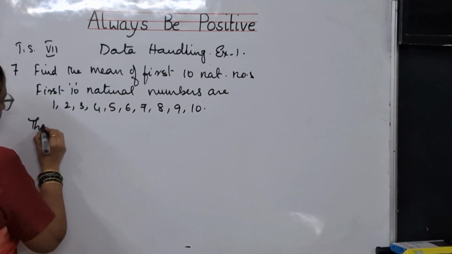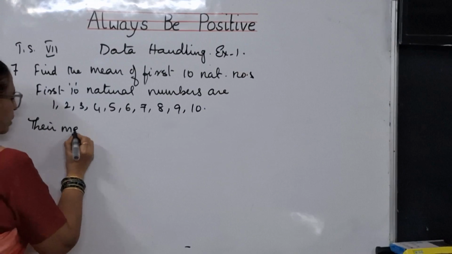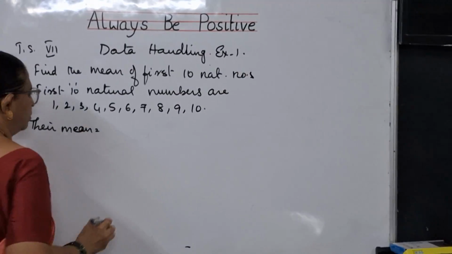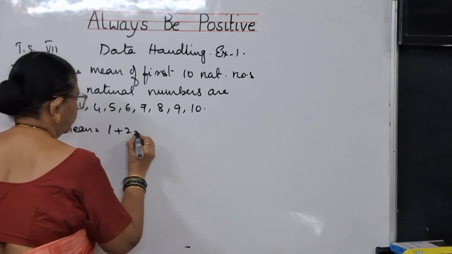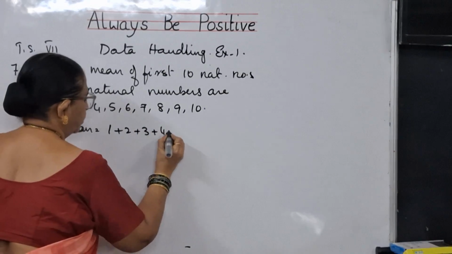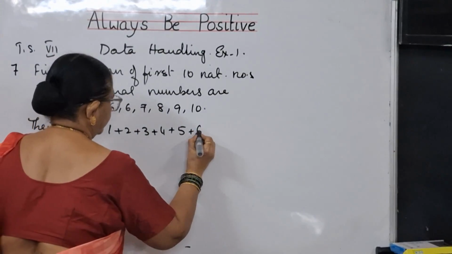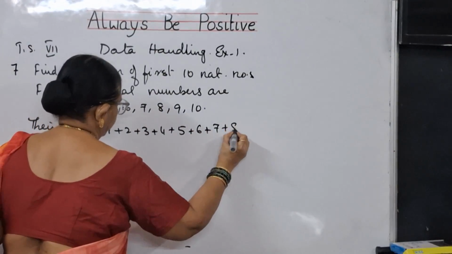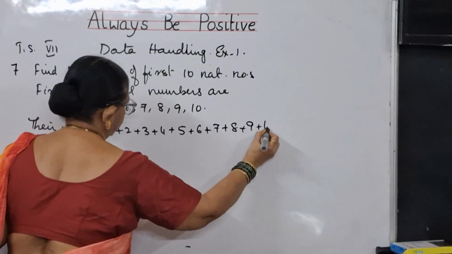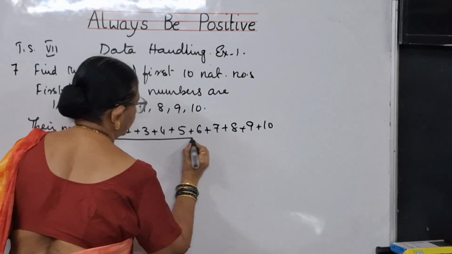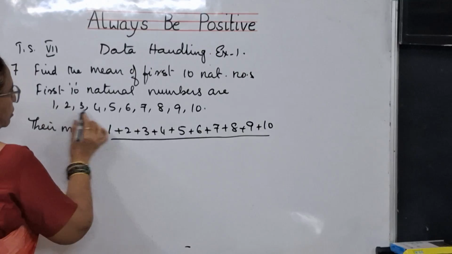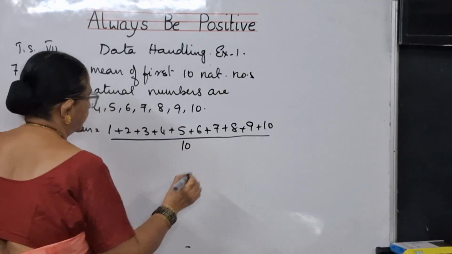Now you need to find out their mean. How will you find it? 1 plus 2 plus 3 plus 4 plus 5 plus 6 plus 7 plus 8 plus 9 plus 10, whole divided by how many terms? These are all 10.